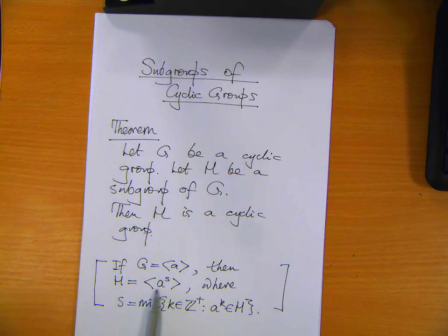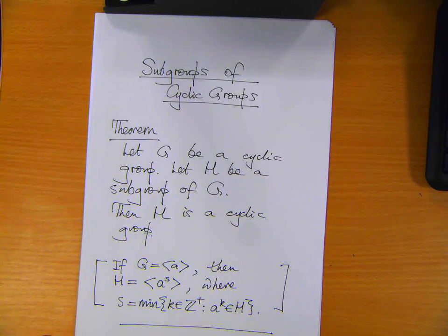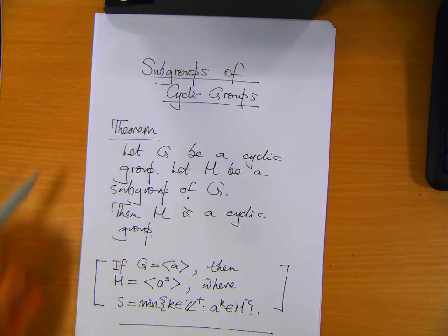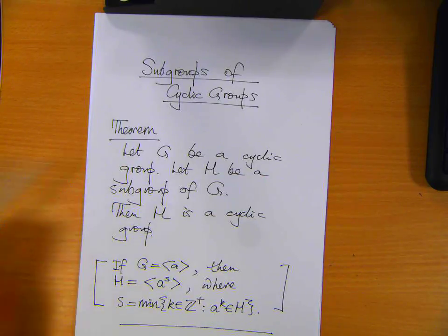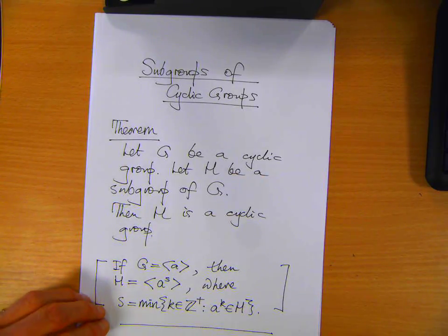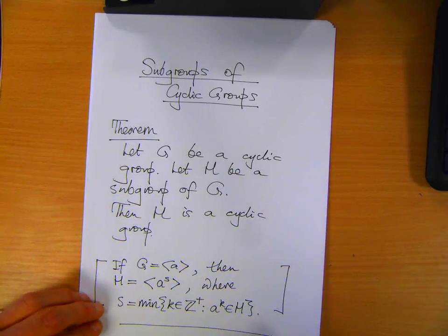It has to be generated by some power of A, because every element of G is a power of A, and the power of A that generates H, well, there might be more than one generator, but certainly a power of A that generates H is this first positive power that belongs to H. Okay, so we actually proved that last time, and this is true whether G is infinite or finite.